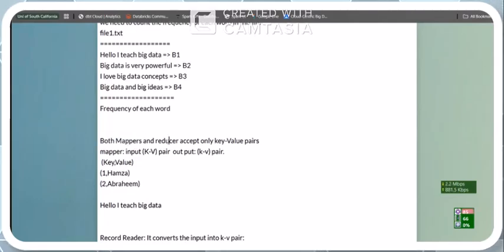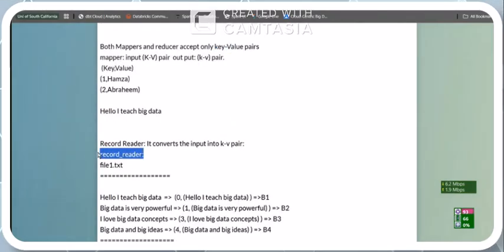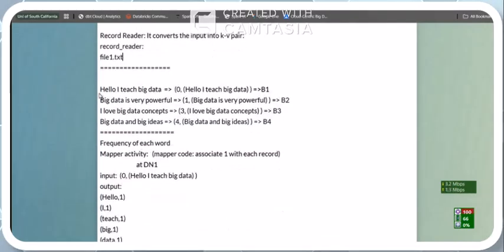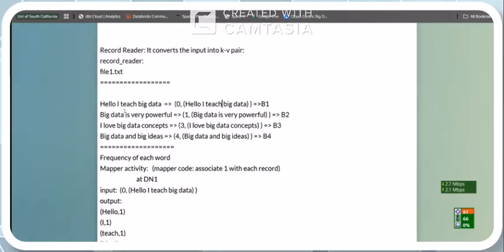After that, the very important thing to note here is both mappers and reducers accept only key value pairs. So in order to fulfill that requirement, we have the concept of a record reader. What it does is convert the input into key value pairs. So I showed you, for example, this is the input line.